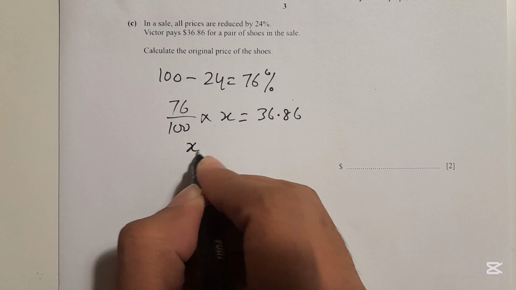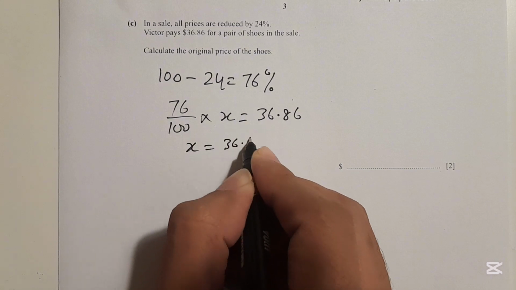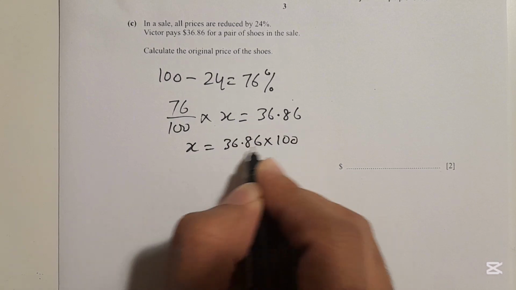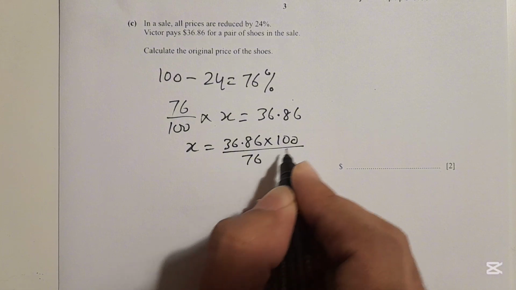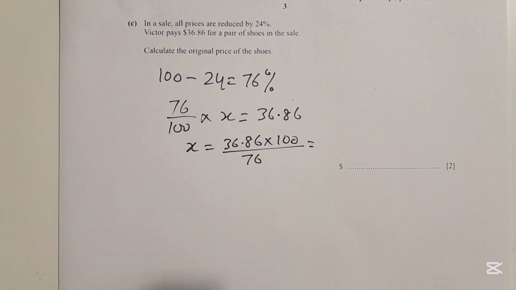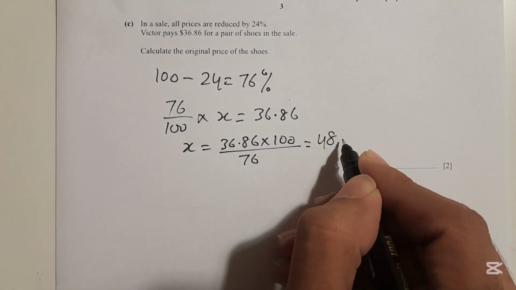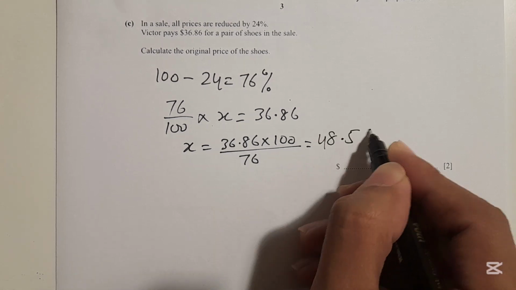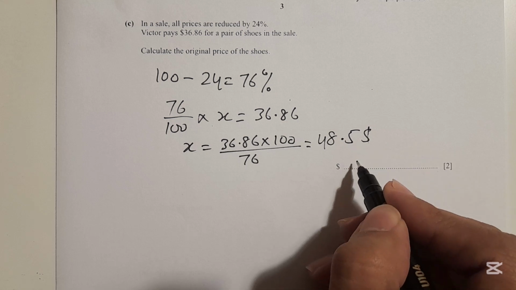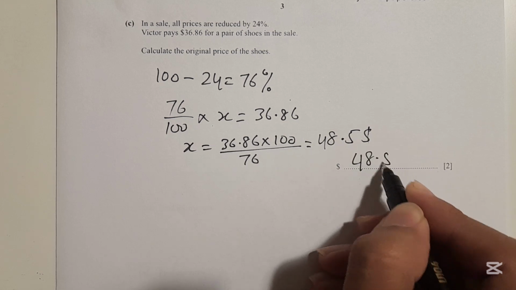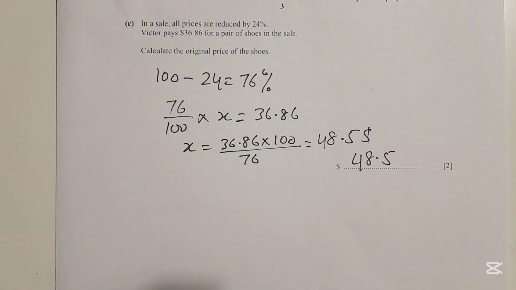We rearrange: 36.86 multiplied by 100 divided by 76, that is 48.5. So $48.5 is the final answer for part C.